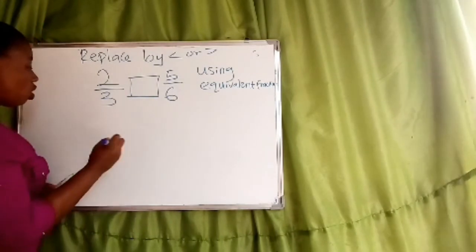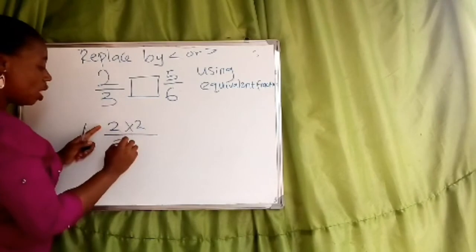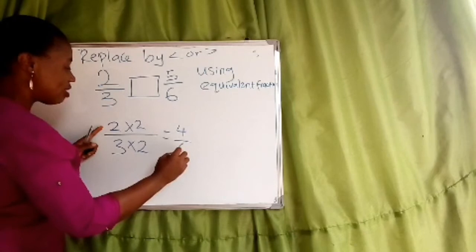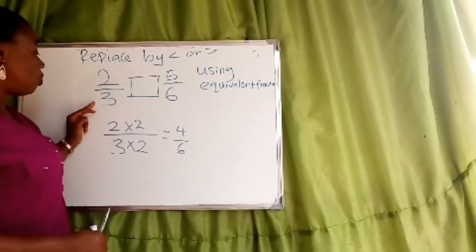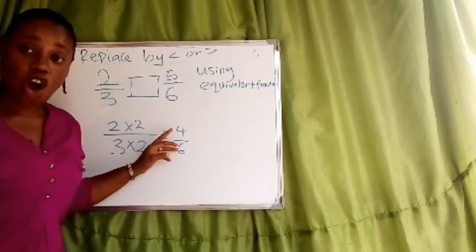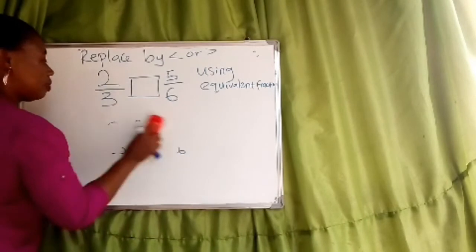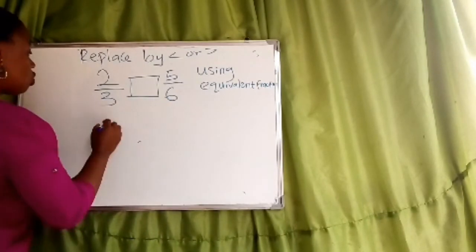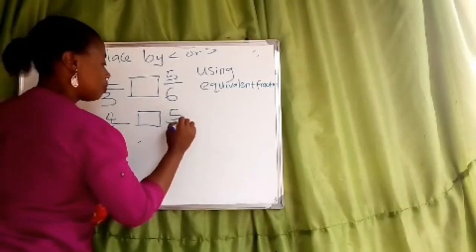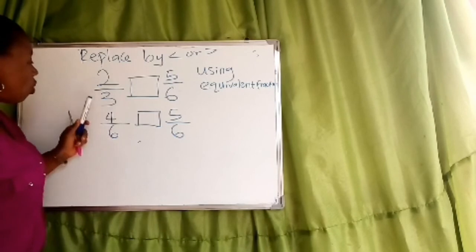So you say 2/3. We multiply the numerator by 2 and the denominator by 2. So we have 4/6. In place of 2/3, we no longer need 2/3. We are going to replace it with this new fraction, 4/6.